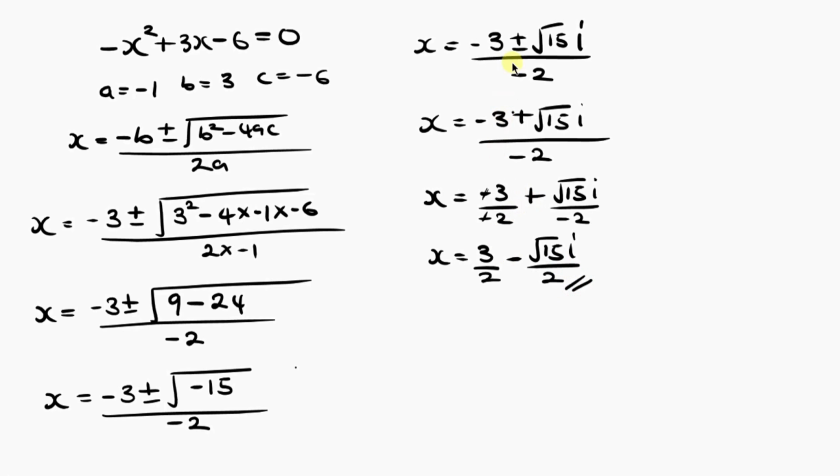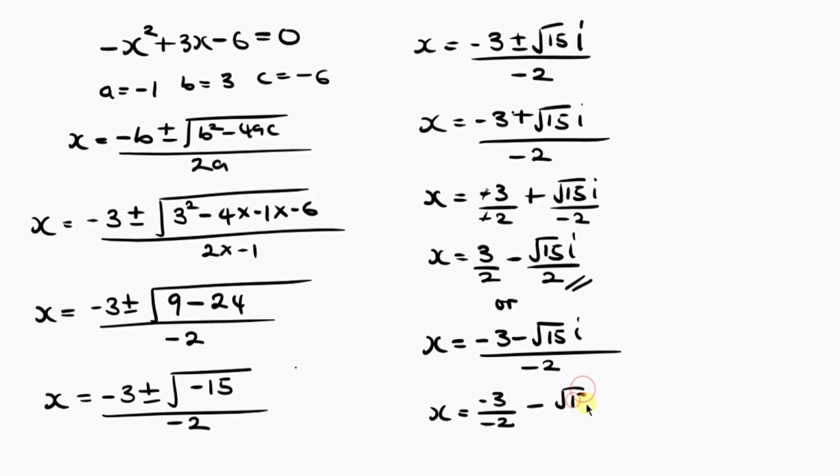Remember, I've been using the positive. Now, let's go and use this negative. So we have s equal to negative 3. This time we pick the negative. Minus root 15 times i all over negative 2. Let's separate. S will be equal to negative 3 divided by negative 2, minus root 15 times i divided by negative 2.